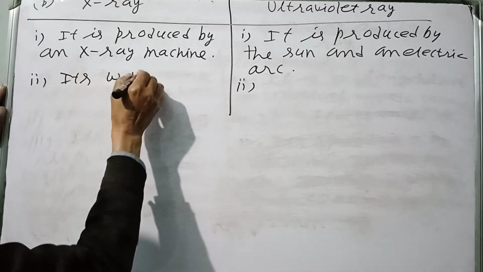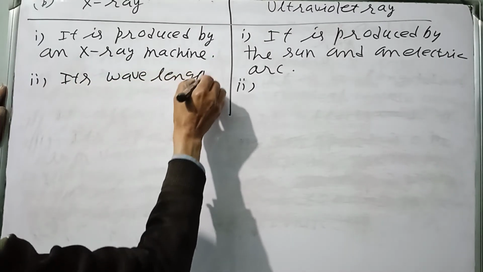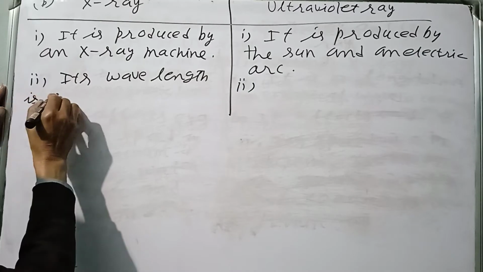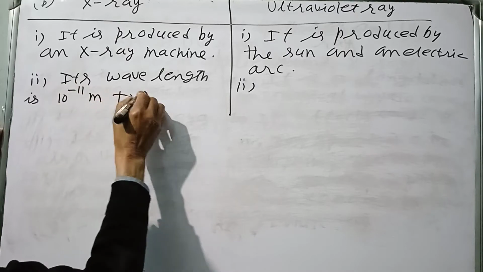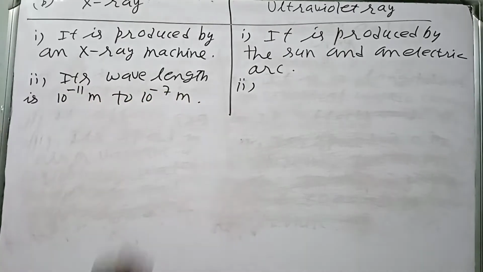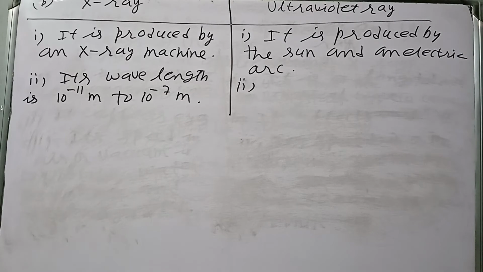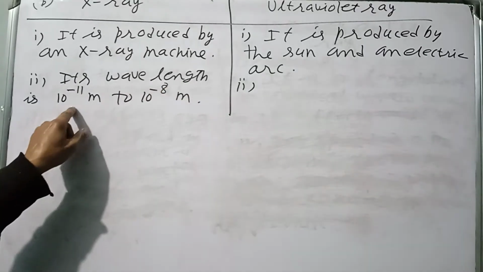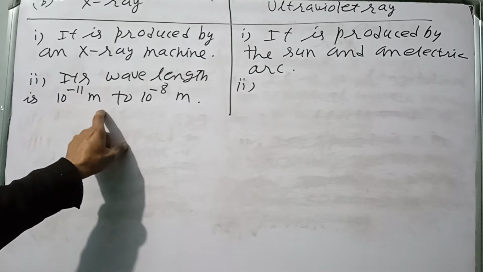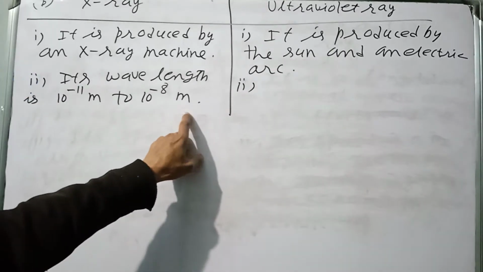The wavelength of X-ray ranges from 10 to the power minus 11 meter to 10 to the power minus 8 meter.